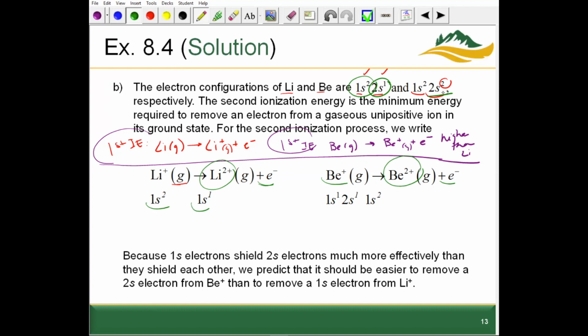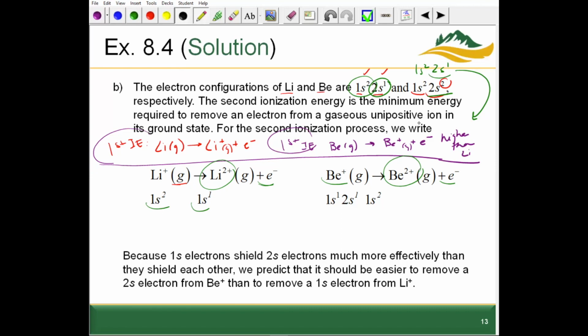When beryllium lost its first electron, it lost it from 2s2 to become 1s2, 2s1 for the first ionization energy. For the second ionization energy, it's going to lose yet another electron from 2s.